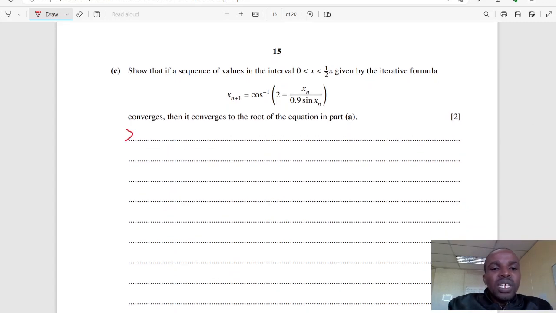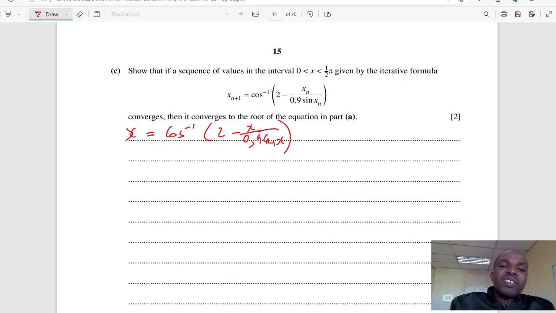So it will be x is equal to arc cos of (2 minus x) over 0.9 sin x. Then you put cos on the other side: cos x is equal to (2 minus x) over 0.9 sin x.